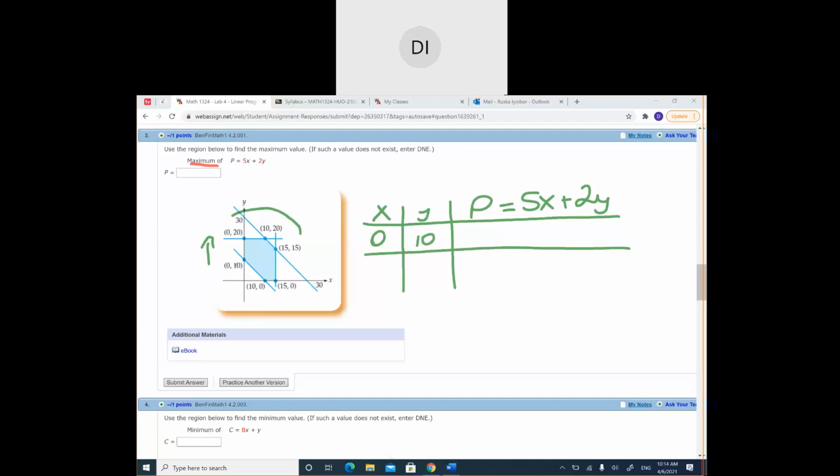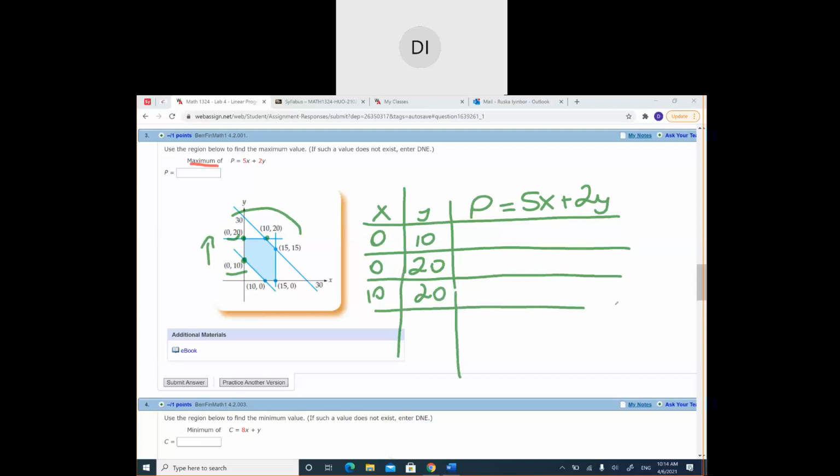The next one is 0, 20. I'm just getting these points, 0, 10, 0, 20, because these are the coordinates of these vertices. Then the next one is this one, which is 10, 20. X is 10, Y is 20.